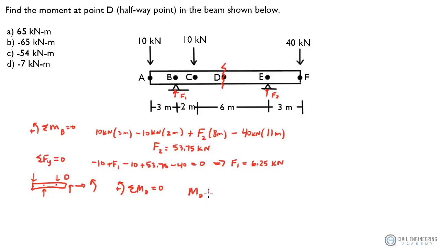Your moment at D, plus you've got 10 times 7 meters, plus 10 kilonewtons times 2 meters away, minus the 6.25 kilonewtons, which is F1, times how far away is that? That's going to be 4 meters away, and set that equal to 0. Solve for your moment at D, and you get an answer of negative 65 kilonewton meters.